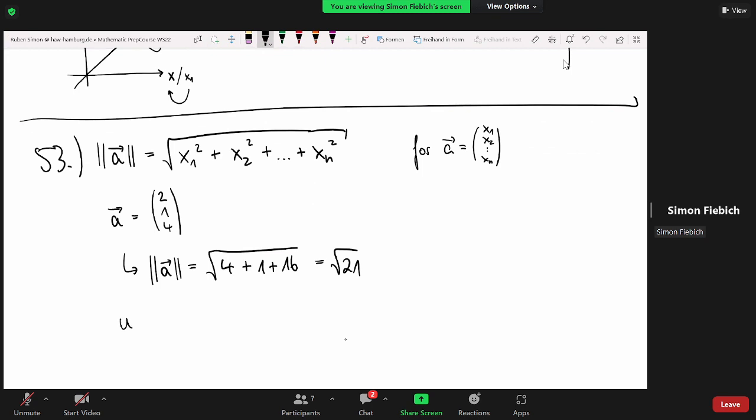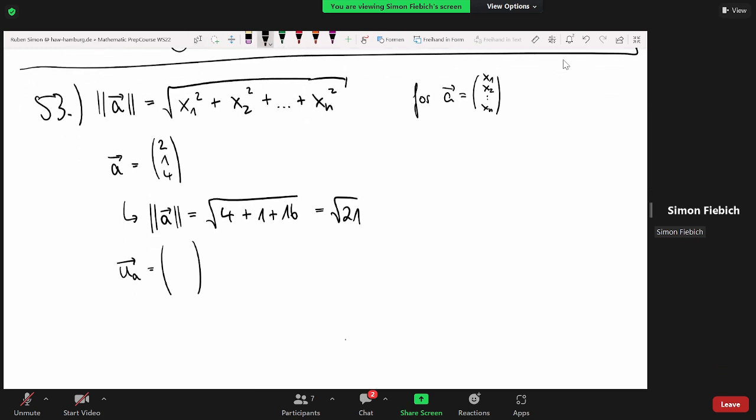Okay, and what do we do now, having this magnitude? So what is the unit vector of a? Remember, we wanted to find a vector which points in the same direction as the vector a, but now the magnitude of ua should be 1.